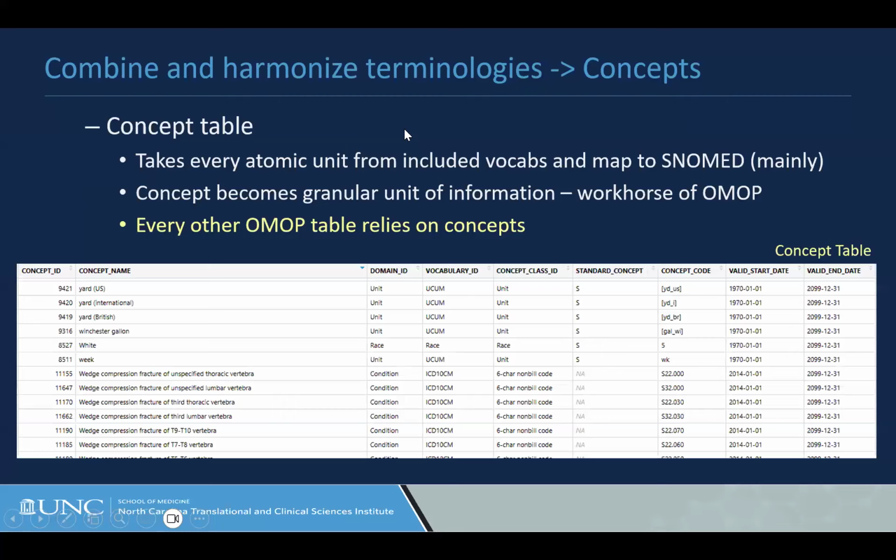Okay, so the question is concept class ID. Typically that is basically telling you within a terminology what type of information is being codified between source and the concept. Within certain terminologies, it might be telling you in a pretty categorical way what type of information this is. So here you can see within UCUM, the concept class is units, right? Because that terminology, all it's doing is defining units for measurements.